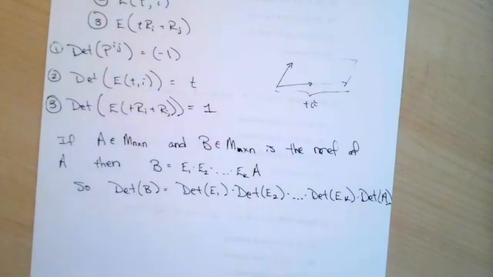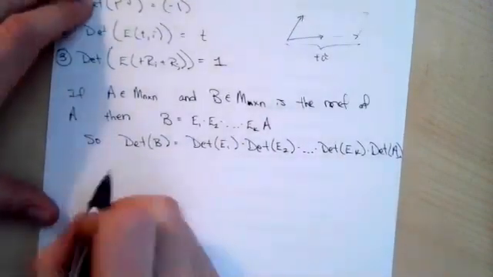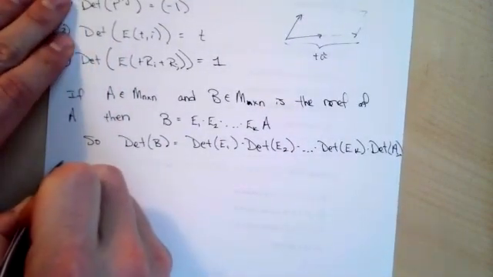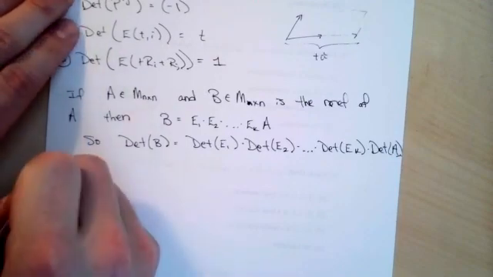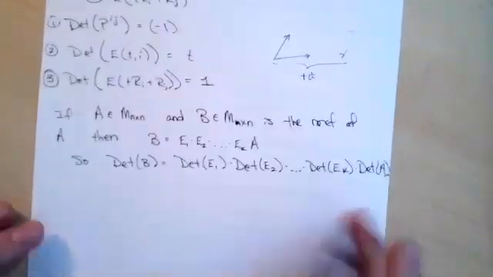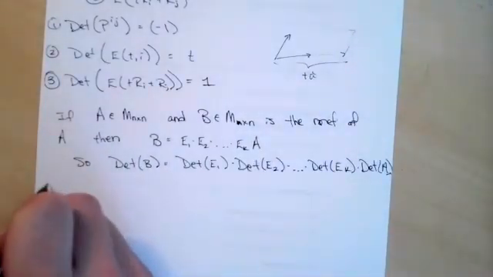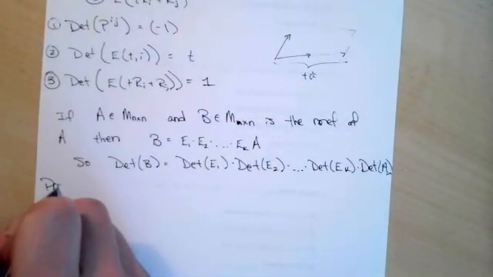Let's list one last thing. Actually, so what do we get from all of this? There's a few things we can get. So let's see some other properties of determinants.